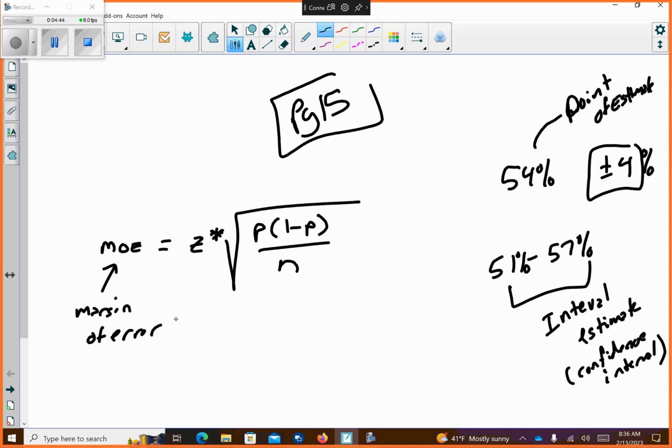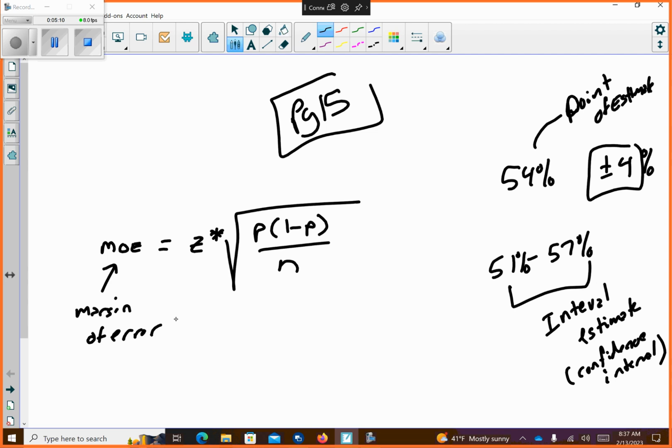If we wish to capture 68% of the bell curve, we need to move one standard deviation away from the mean in both directions. So for 68%, the Z star would be equal to 1. If we wanted 95%, that's 2 standard deviations, so your Z star would be 2. And then if you did the 99.7, your Z star would be 3.